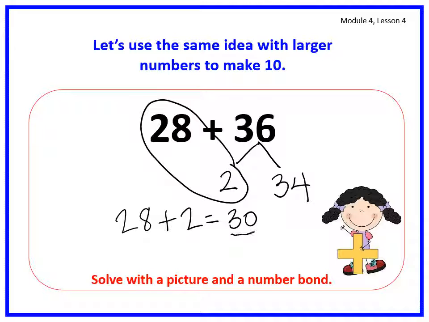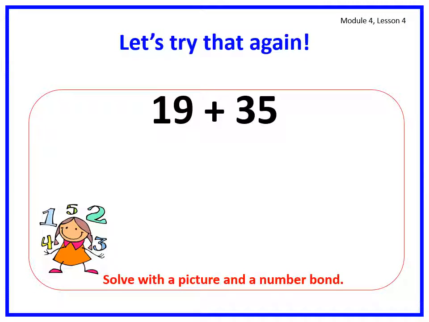And then the 30 added in to what is left, 34, equals 64. So there you can see we have the exact same answer, but in a different strategy. Either strategy will work. So let's take a look if we did 19 plus 35.